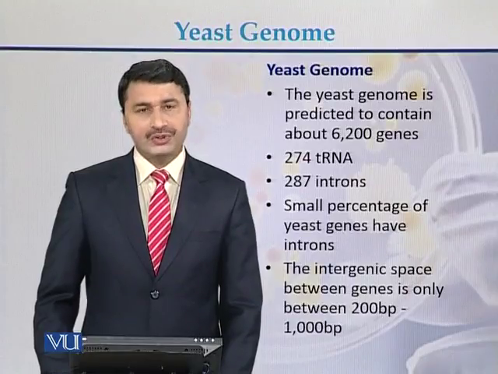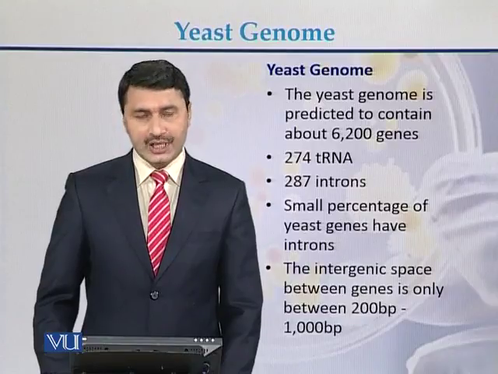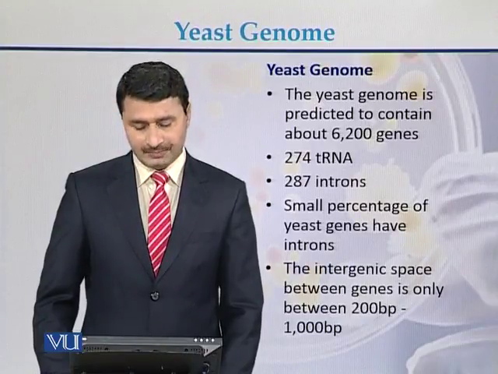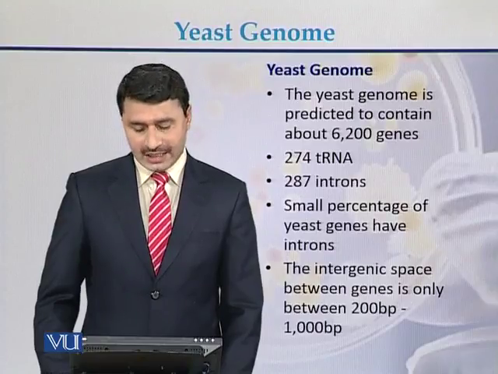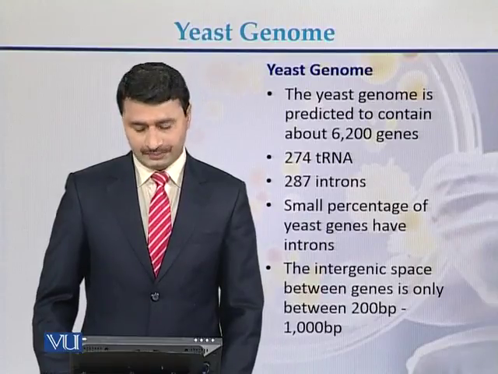Yeast genome is predicted to contain approximately 6,200 genes. In addition to these genes, there are 274 transfer RNA genes. There are 287 introns. Small percentage of yeast genes have introns.